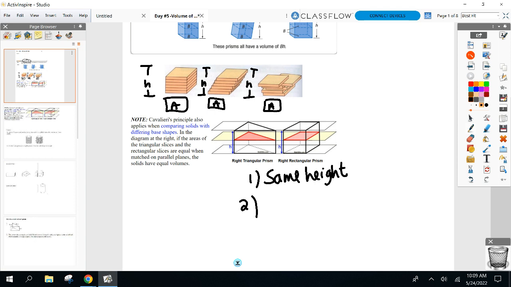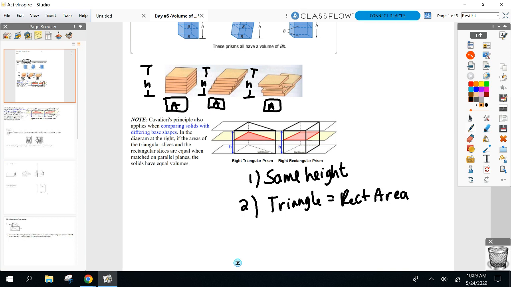And now take a look. If I took the cross section here, it would be what type of figure for the triangular prism? What's the shape of the cross section here? So triangle area equals, what do I get here with the cross section? Equals the rectangle area.